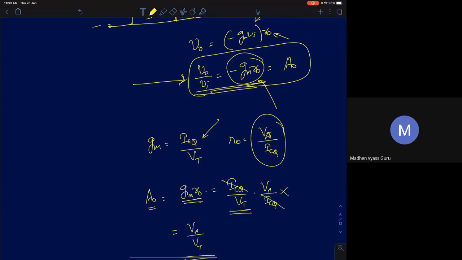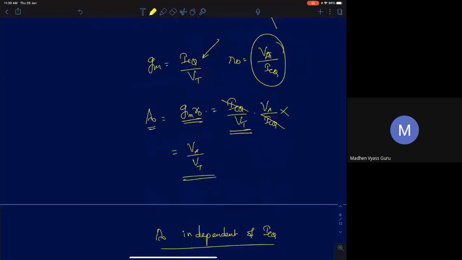So the collector current gets cancelled out, and your intrinsic gain depends upon the Early voltage and thermal voltage. Now this is a very interesting result because generally as a designer you don't have much control over the Early voltage. It depends on the doping concentrations, base width and all of that. You don't have much control there.